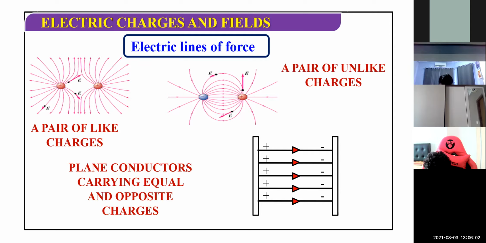And the third diagram shows that if the charge is uniformly distributed on two parallel conductors, the field will be uniform parallel lines starting from the positive and terminating or ending at the negative. Starting from the positive means their origin point is the positive charge, and they end at the negative charge.